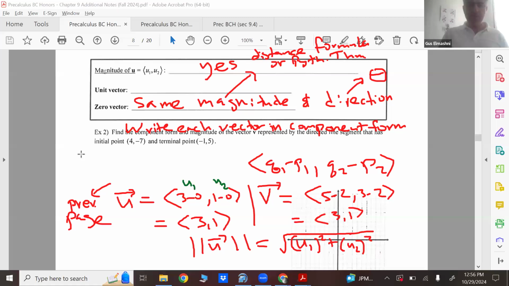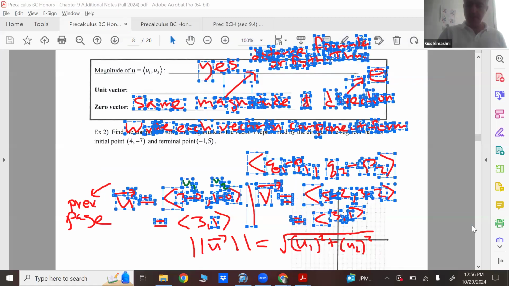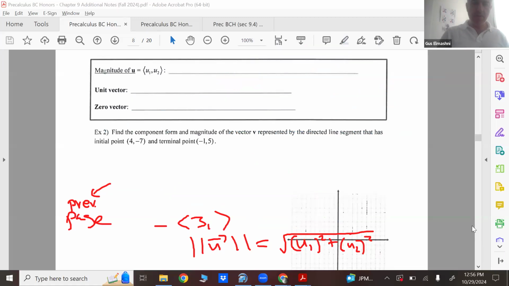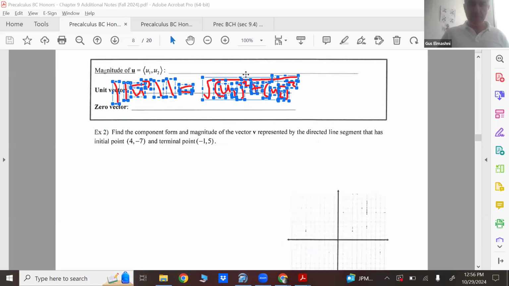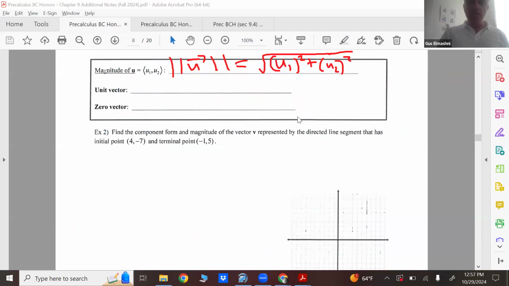Let me readjust the screen here. Okay, let me shift this up. Okay, unit vector. A unit vector is a vector with a magnitude of 1.